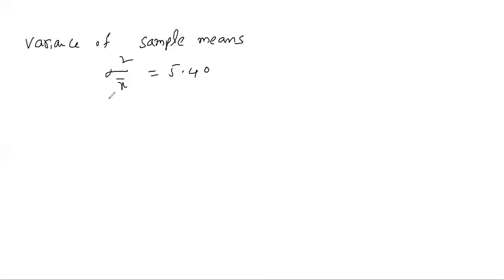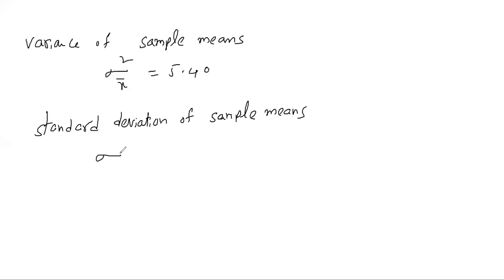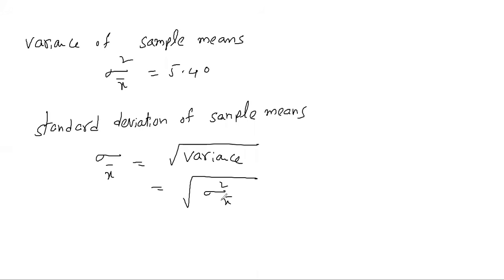But we need the standard deviation. The standard deviation of sample means is sigma, which is the square root of the variance. So it is the square root of sigma square x bar, the square root of 5.40, which is 2.32.